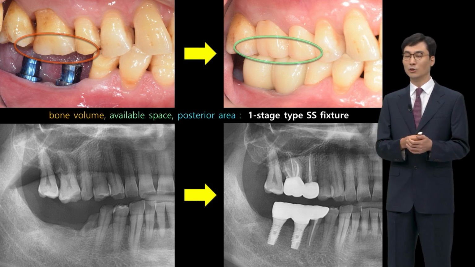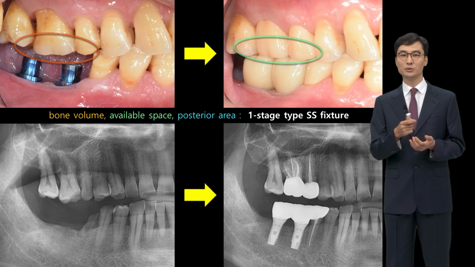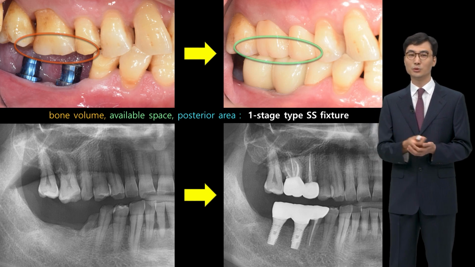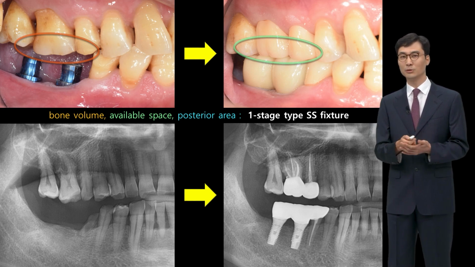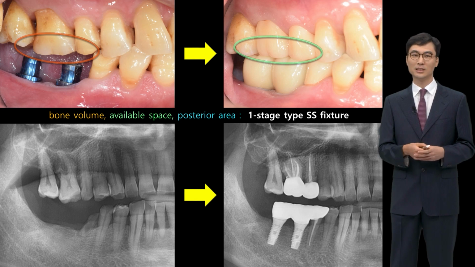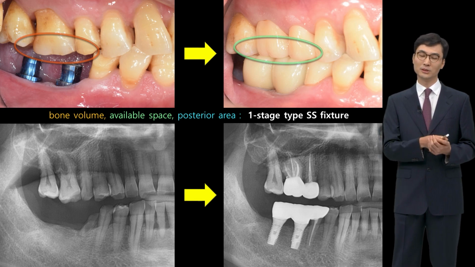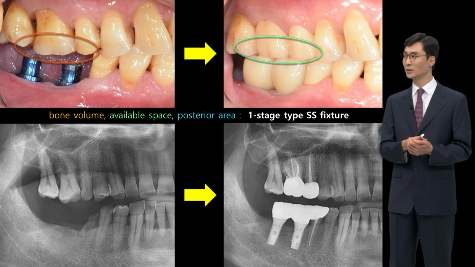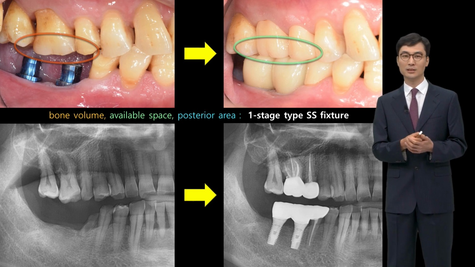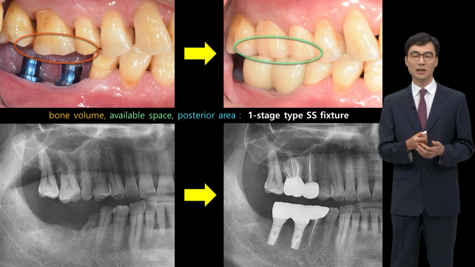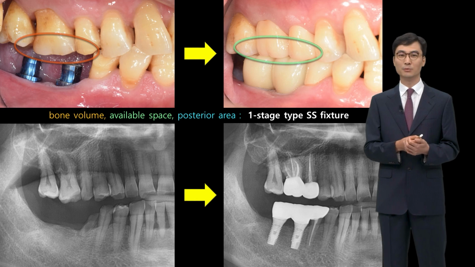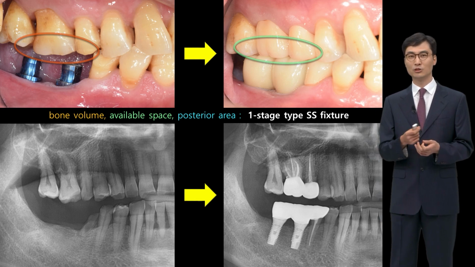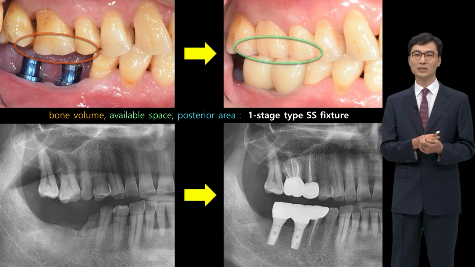As in this case, if the bone volume and quality is good and attached gingiva is sufficient, bone graft is not necessary. In this case, I prefer to use SS implant, the non-submerged one-stage type implant. I will explain the characteristics of SS implant later.